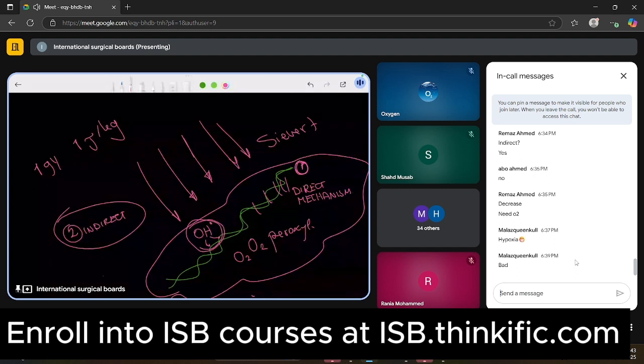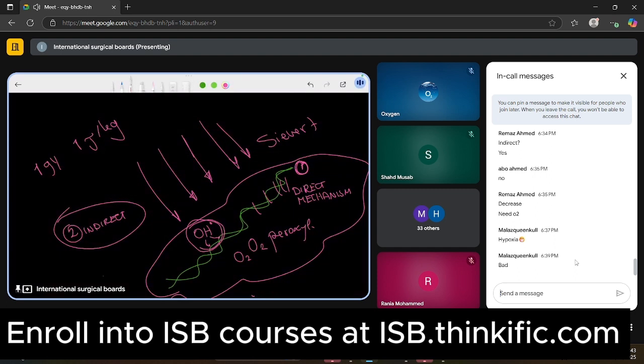So what is the difference between sievert and Gray? Gray is the amount of energy absorbed by the tissue. Sievert is the effect on the tissue, regardless of the amount of energy. Okay, we're not going to become nuclear scientists right now. Let's go to the next question.